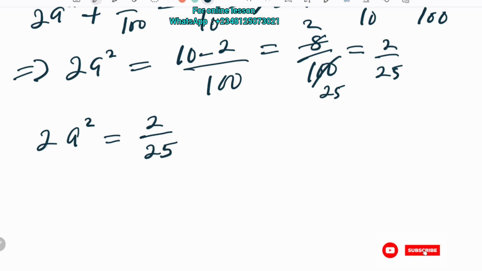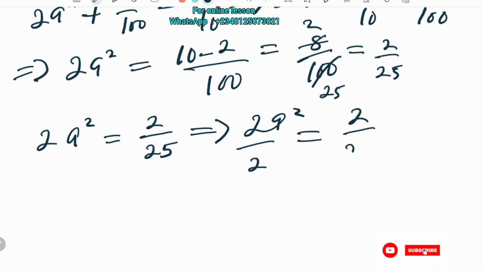Now remember that we're having 2 here. We're going to divide both sides by 2. And in doing so, it will now imply that 2a squared over 2 equal to 2 over 25 times 1 over 2. So division means it's a fraction, you're going to multiply.